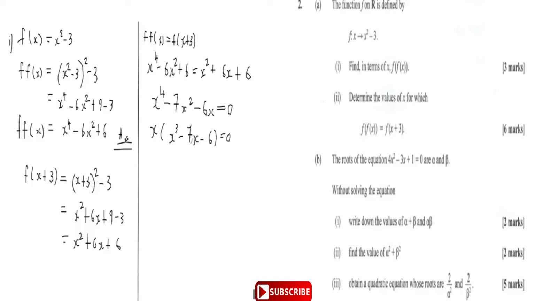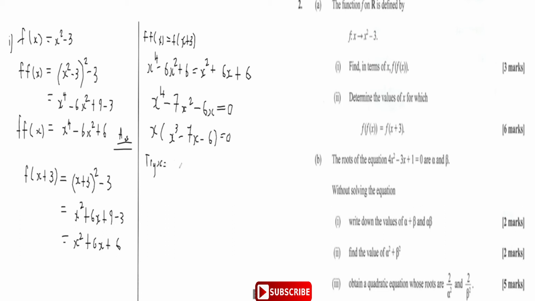All right, let's try x equal 2: 2 cubed minus 7 times 2 minus 6. Let's try minus 2: minus 2 cubed minus 7 times minus 2 minus 6. So I'm trying x equal to minus 2.